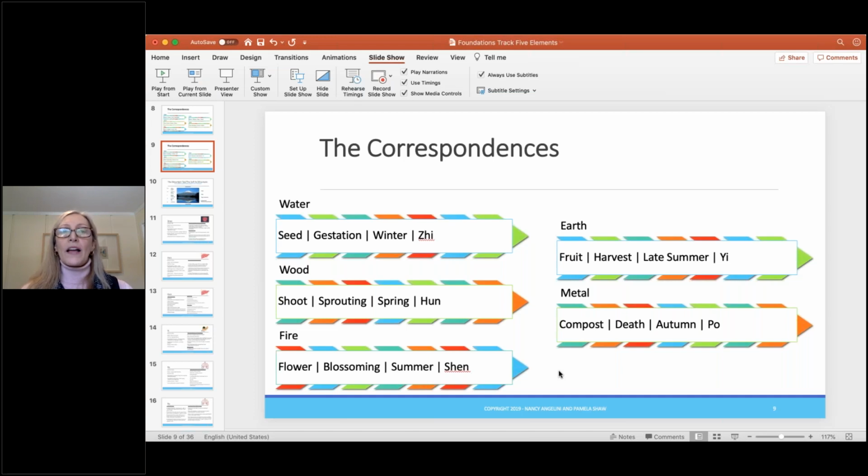I have not found that we change elements. We're predominant in one, though we have more than one. We're all of these things, right? But we have a predominant one, and that's the biggest part of who we are. We're more a metal type than anything, or more an earth type, or more a water type.